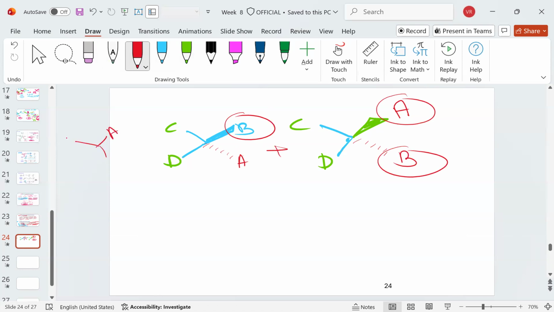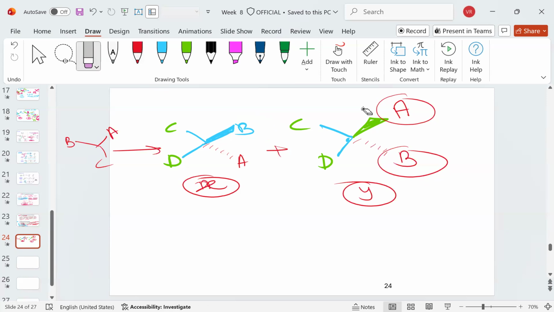Let's say A, B, C. I perform the reaction and I get these two products. This is product X, and this is product Y. Now in my reaction mixture I have a combination of these two products.